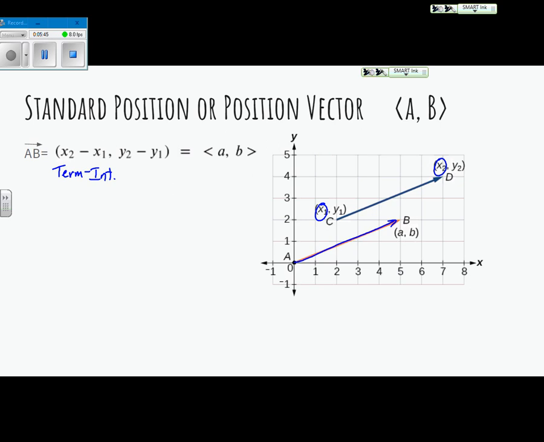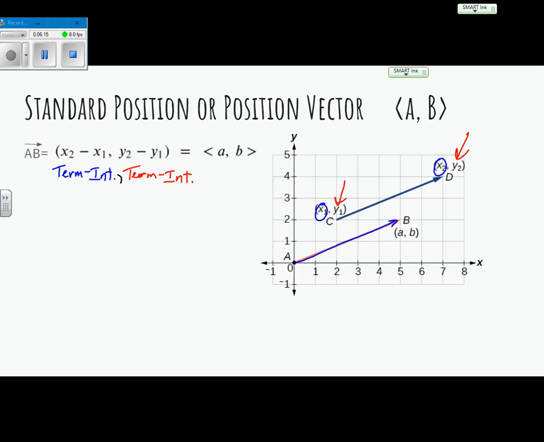And then I throw down a comma, and then I'm going to go to my terminal point and pick up my y value right here. And I'm going to subtract off the initial. Again, terminal minus initial is the key on a lot of this. And what that will do is it slides down this vector and puts it into standard form, which I can write a little bit easier.